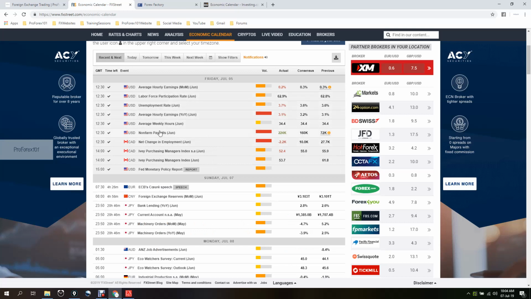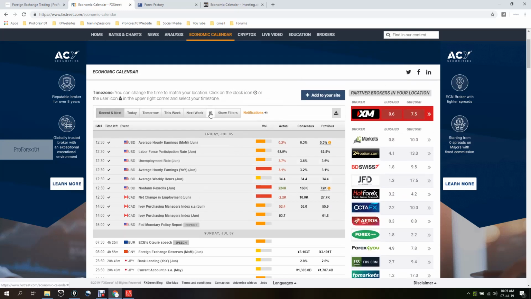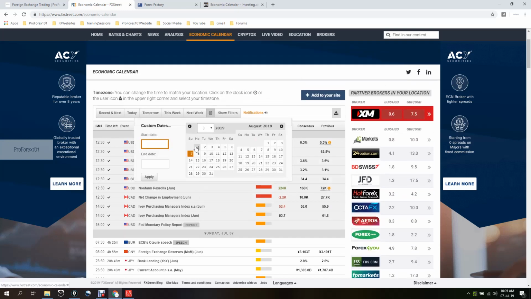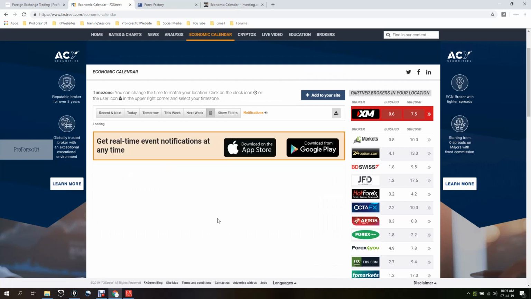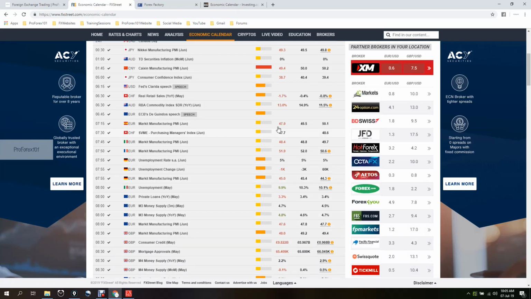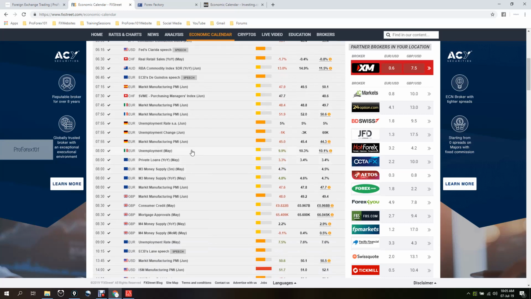Usually now they've given this with a color. Non-farm payrolls higher is good for the economy, so they've given a color indication of green, which is good for the economy. If you have a look at the past week, from the 1st to the 5th, you see some are red, which means that's bad for the economy, and green, which is good for the economy.